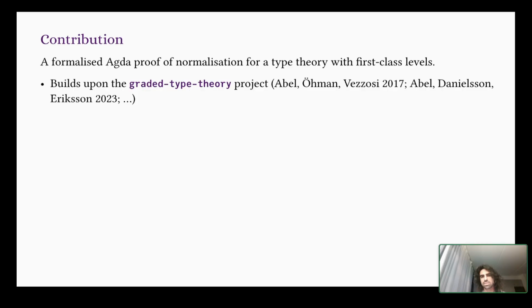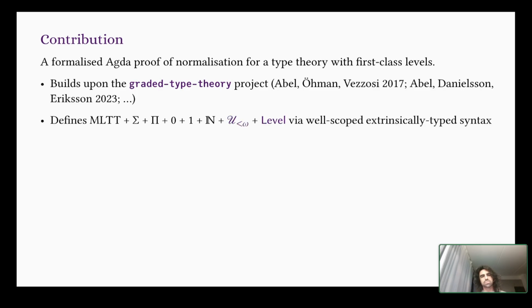This started as the basis for some work by Abel, Öhman, and Vezzosi on decidability of equality. It has since been extended by many other people. So the formalization defines a version of Martin-Löf type theory with sigma types, pi types, an empty type, a unit type, natural numbers, and some other stuff that's not in the paper.